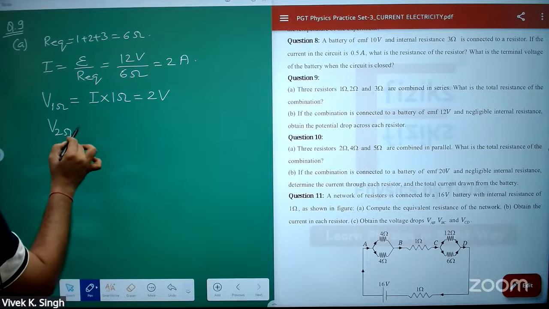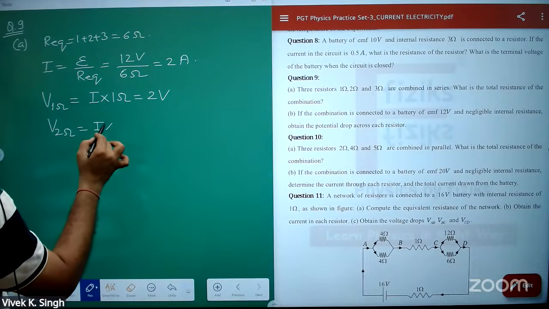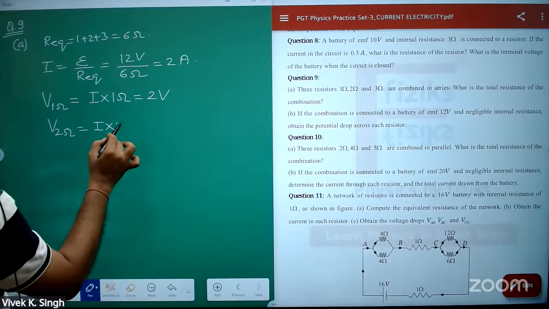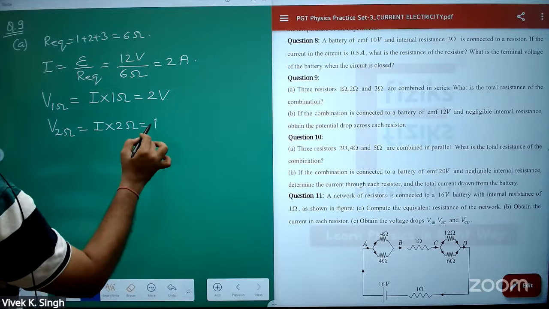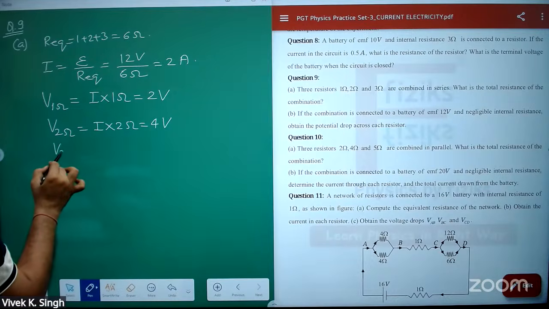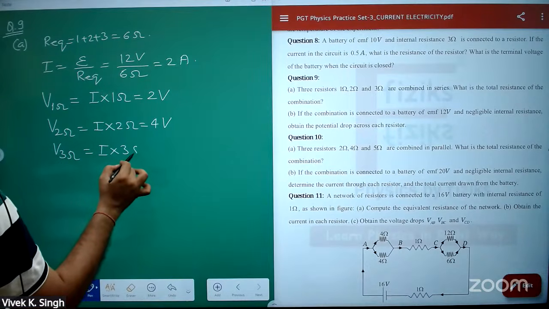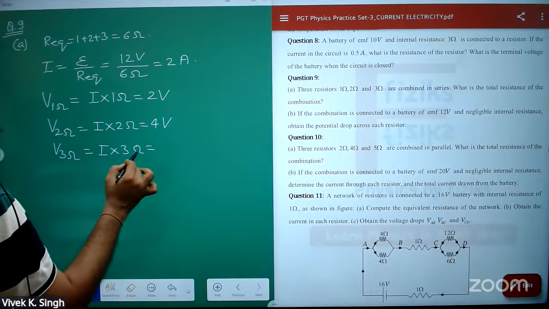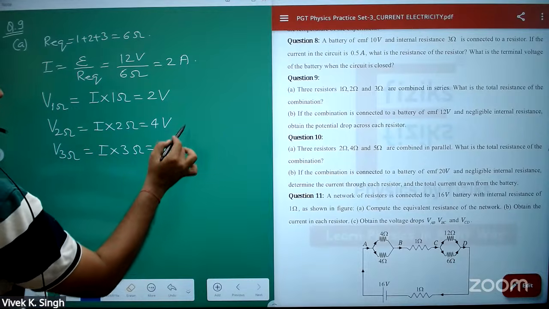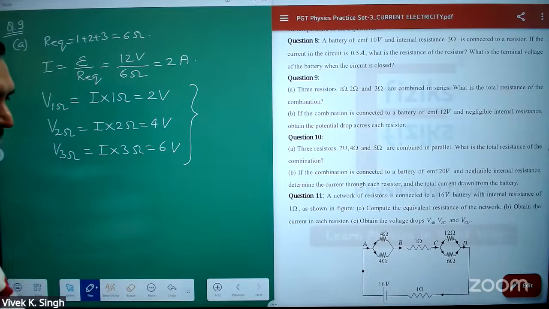V2 ohm is I into 2 ohm, because in series current will be same, so this will be 4 volt. And V3 ohm is I into 3 ohm, so this is 6 volt. Clear?